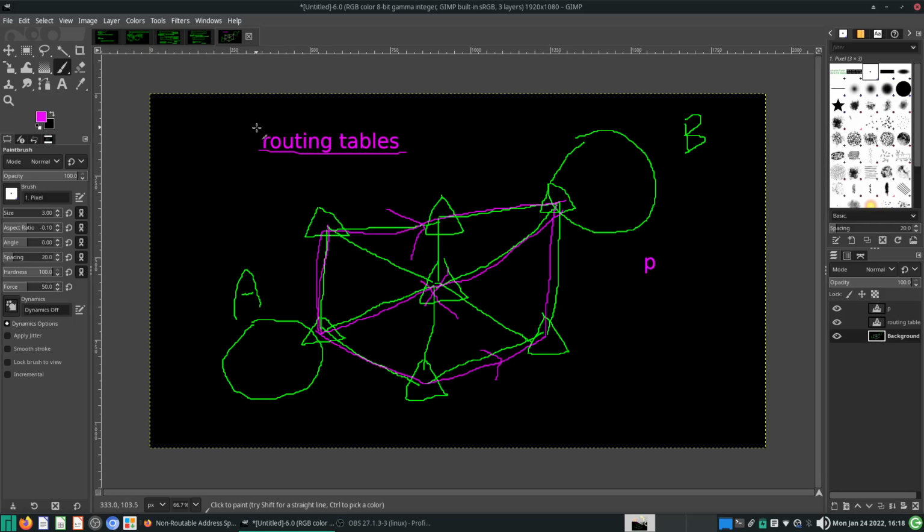How these routing tables are designed is another topic, out of scope for the layman, so I won't be going into detail.